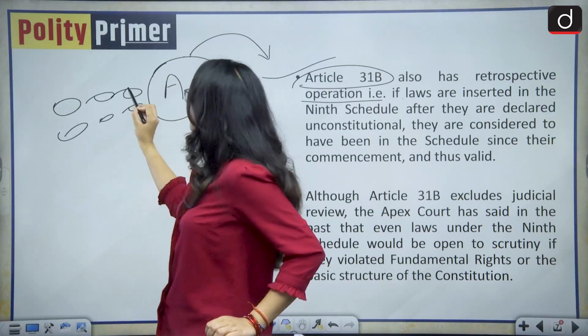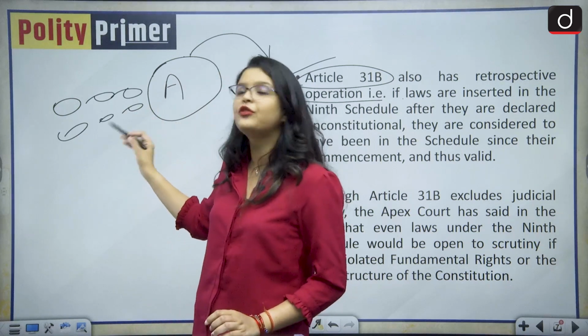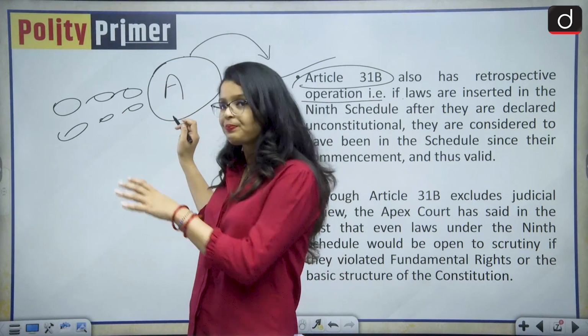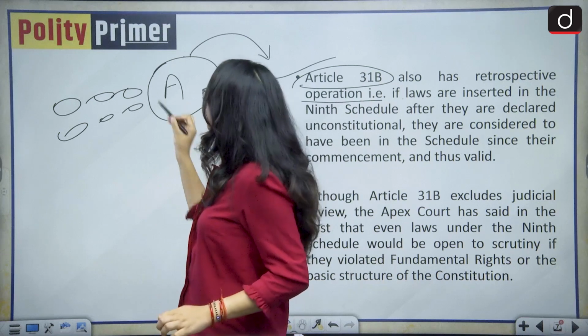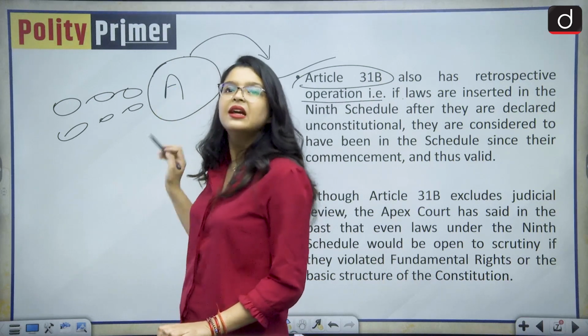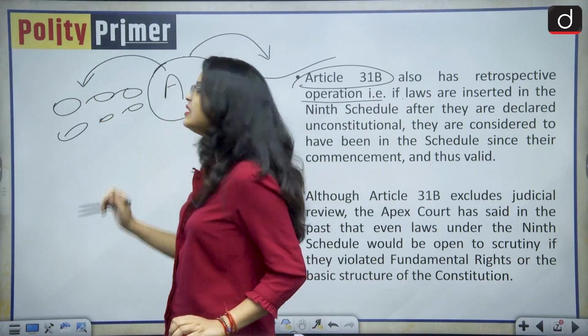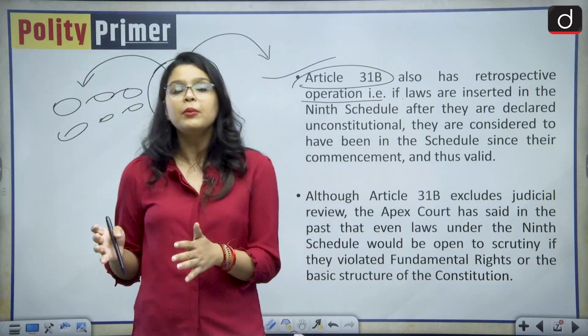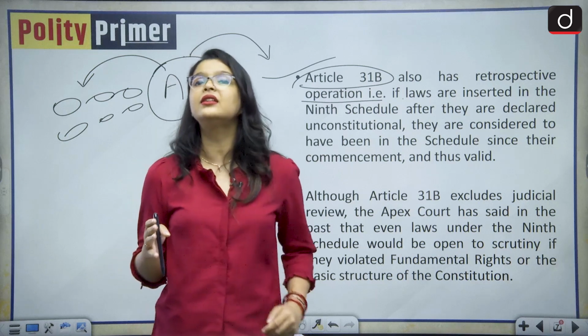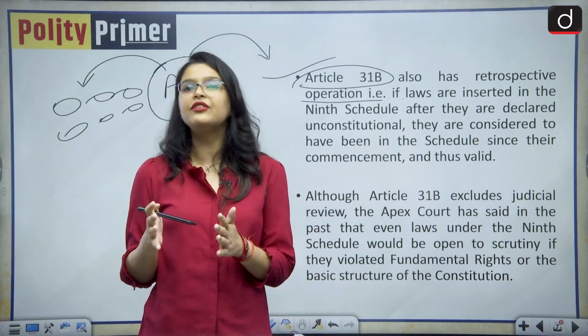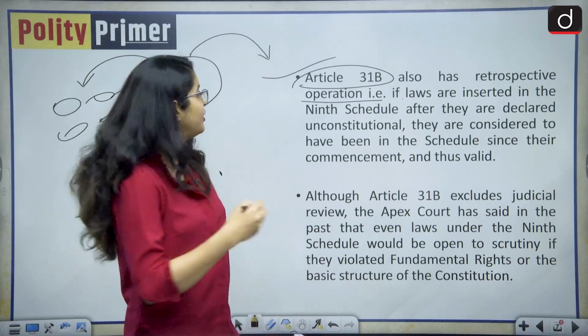So these are some acts and they have already occurred before the enactment of this article A or some law or some section. But what happens in this case is that article 31B was also applicable on these acts which were done before the insertion of article 31B, and that is why we are saying that this article 31B has a retrospective effect.